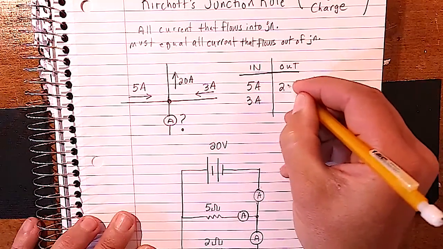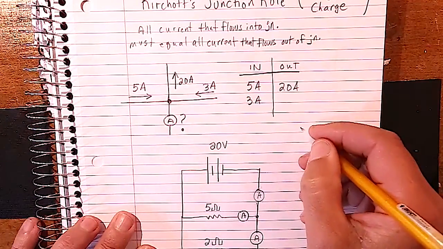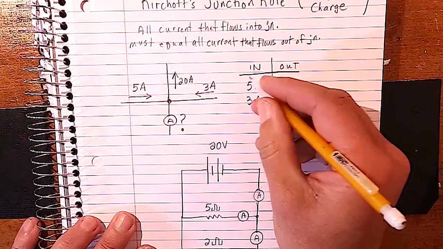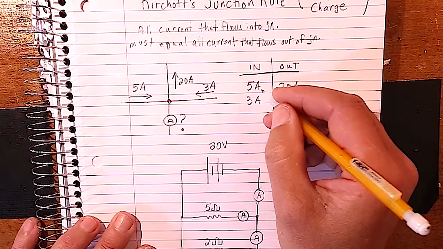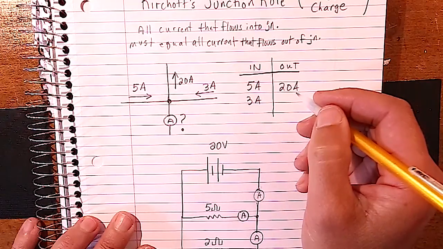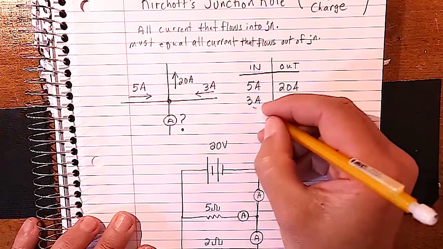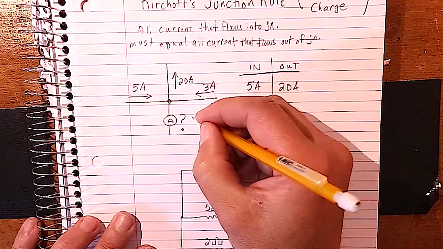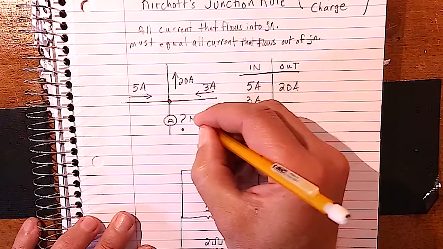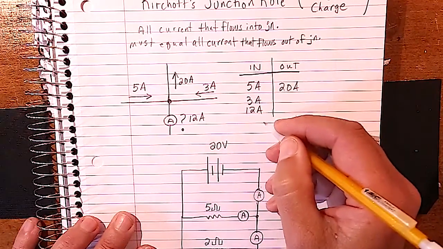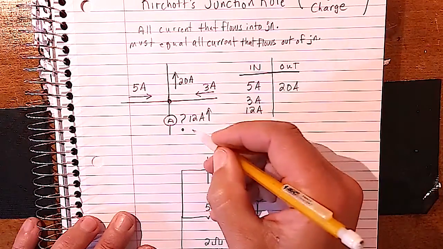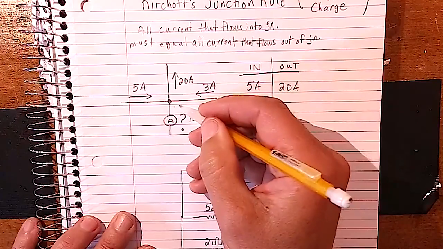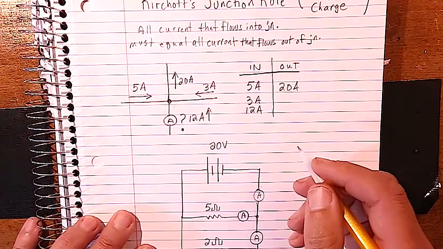And we have 20 amps flowing out. So what are we missing? Well, we only have 8 on this side, so we're missing 12 flowing in. So that tells us that this reading right here is our missing 12 amps, and we know it's flowing in. So 12, 5, and 3 flow in, and 20 flow out.